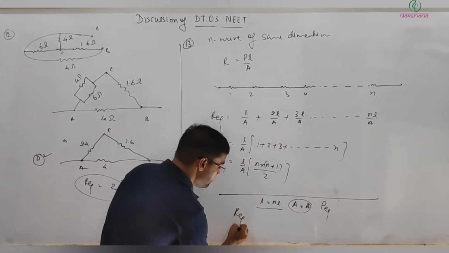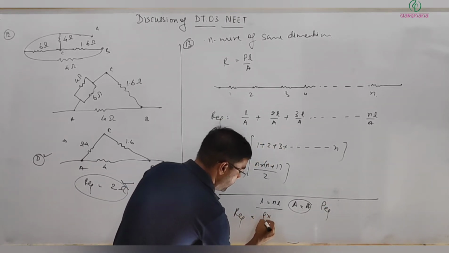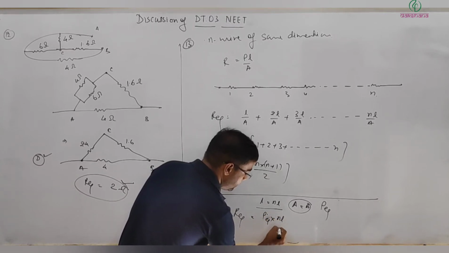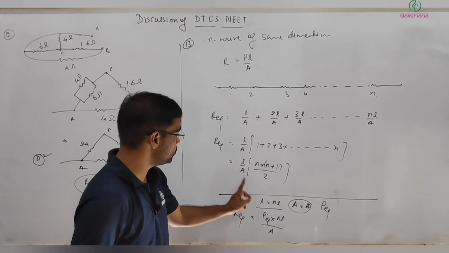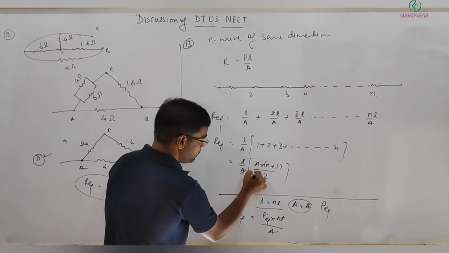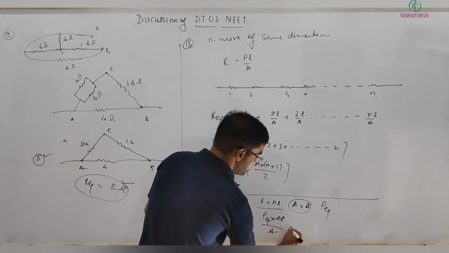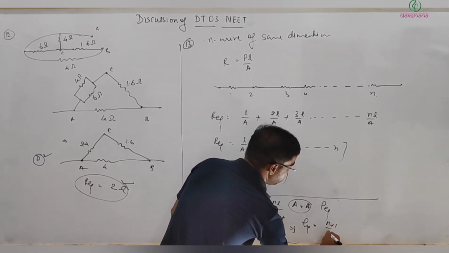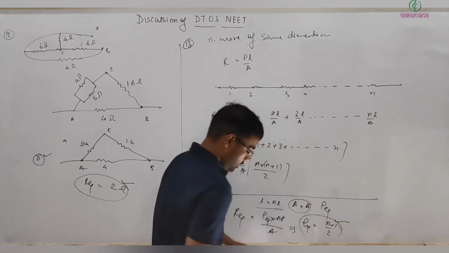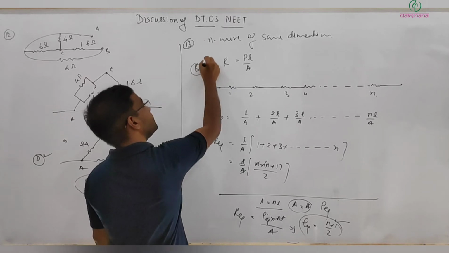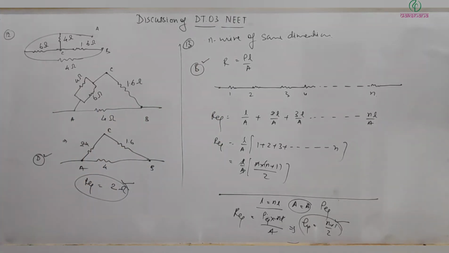So R equivalent here will be rho equivalent into NL divided by A. Now these two should be equal. So if I compare, L cancels, one N cancels, and we get rho equivalent is equal to N plus 1 by 2, and this is your answer. So it matches option B. So this is question number 13.